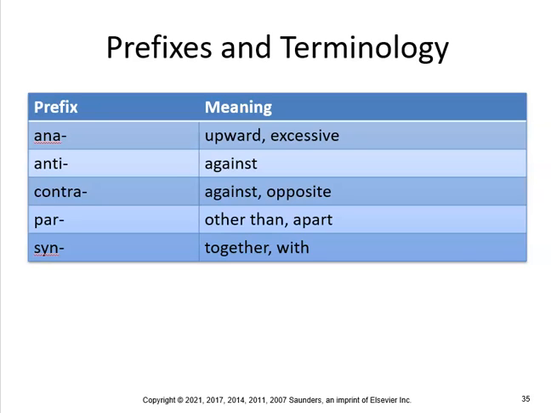Anaphylaxis, a hypersensitivity state of the body to a foreign protein, antigen, or drug. Anti is against. Antidote, an agent given to counteract an unwanted effect of a drug. Contra, against, opposite, so contraindication. Par, other than, part, so parenteral, pertaining to injection of drugs other than through the intestines. Syn, together and with.